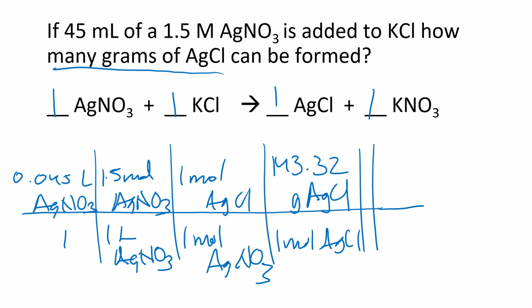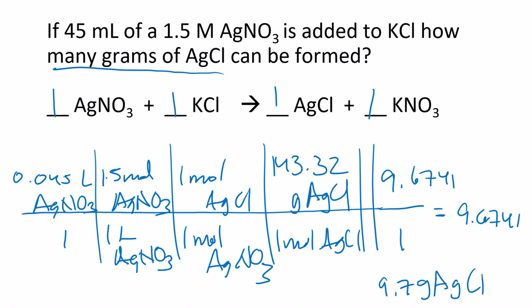Luckily for us, our denominator is going to be 1, so let's double check our numerator, see what it's going to be. I multiply across, I end up with 9.6741. Okay, good. Equals 9.6741. 2 sig figs, so it becomes 9.7 grams of AgCl.